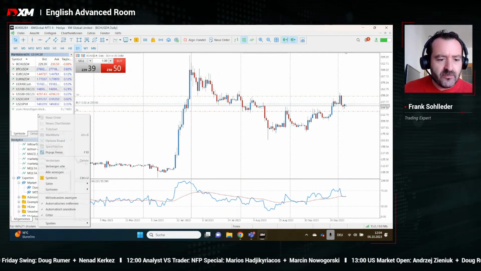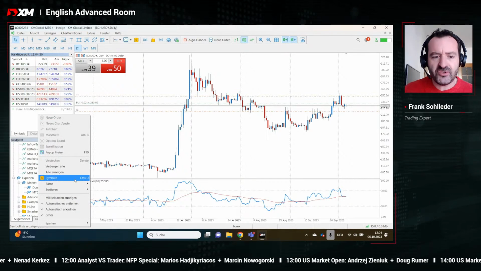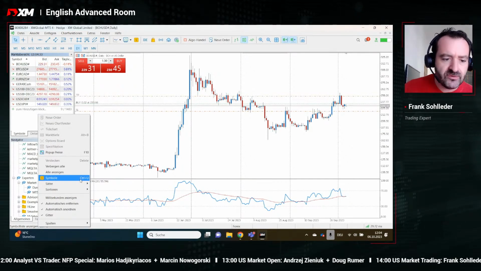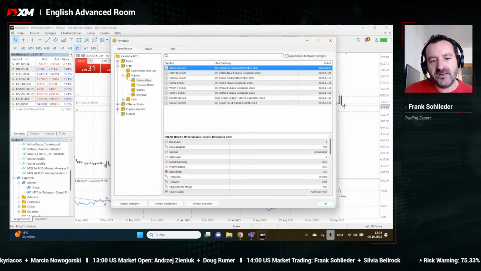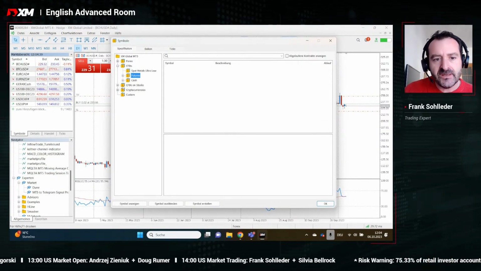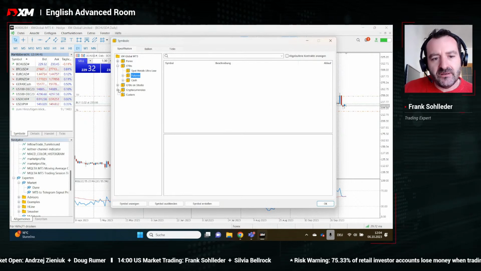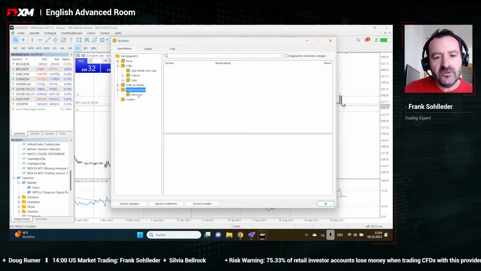Right mouse click, press symbols, or just use the shortcut Control and U to get the symbols open. Then you find the variety of trading assets XM offers to you, and here you find cryptos in the ultra low account.